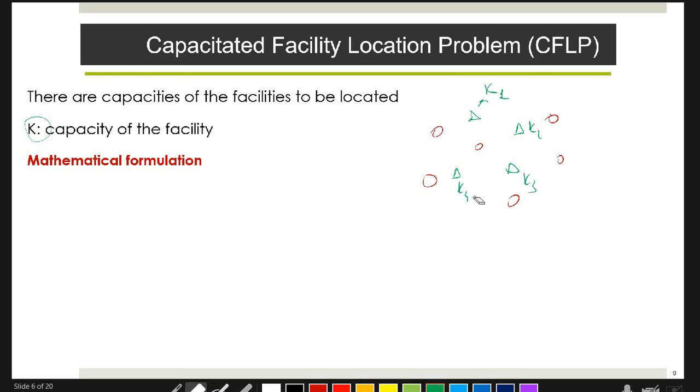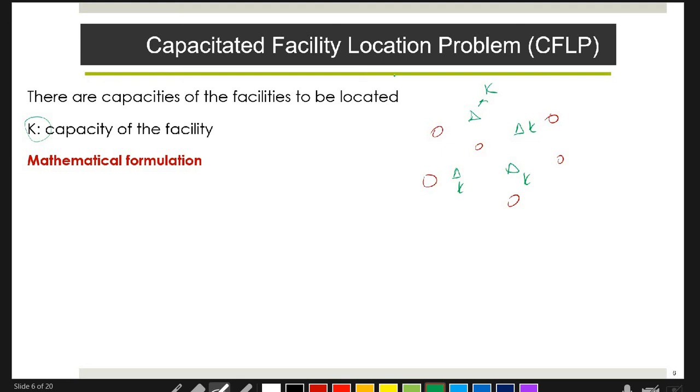But here we will assume that all these capacities are equal. So you can establish a facility of capacity K. What is that K? K is the amount of demand that you can satisfy from this facility.